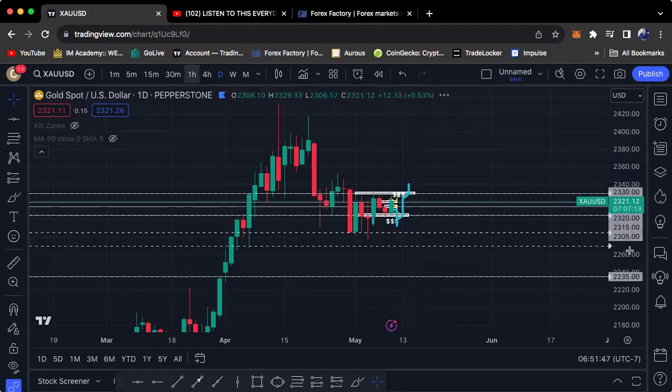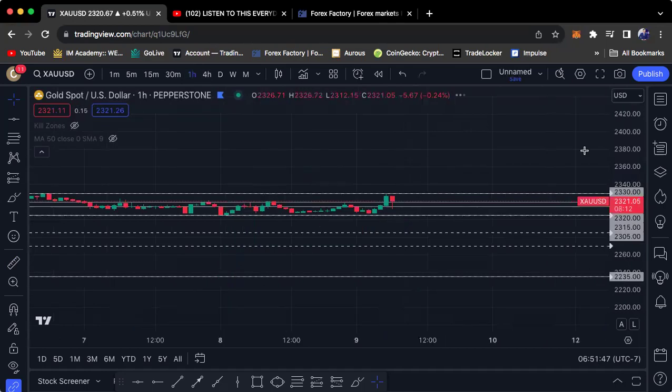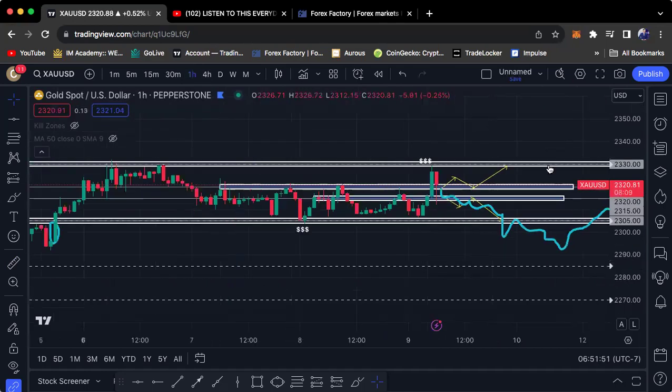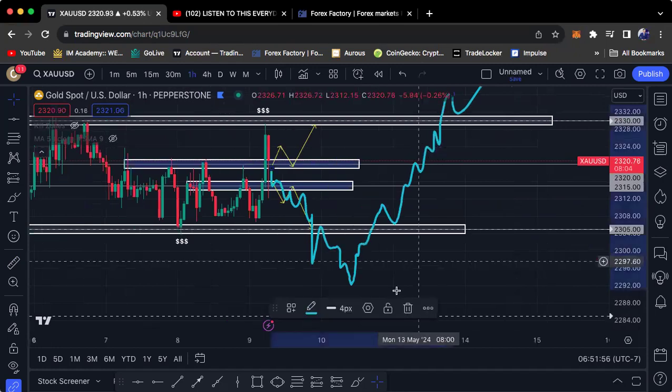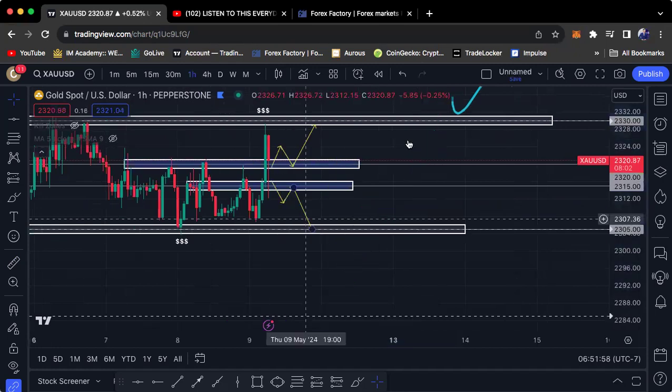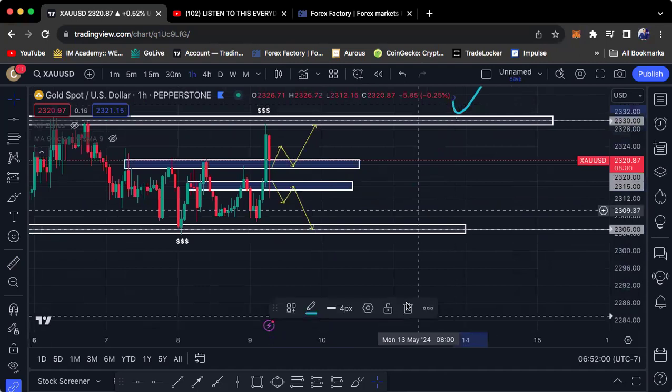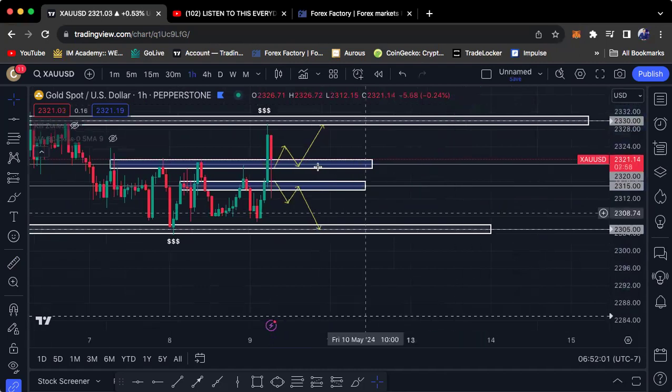So going back to the 1 hour, like I mentioned, I'm waiting for the next break of structure.